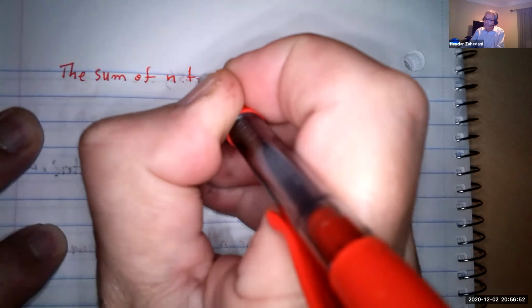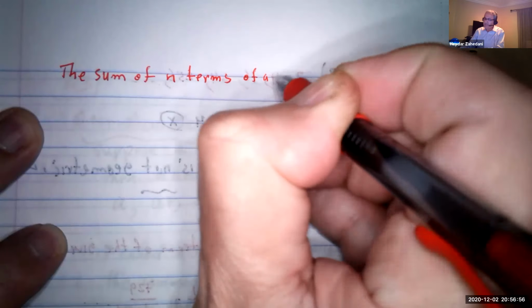So what is going to be the sum of n terms of a sequence?